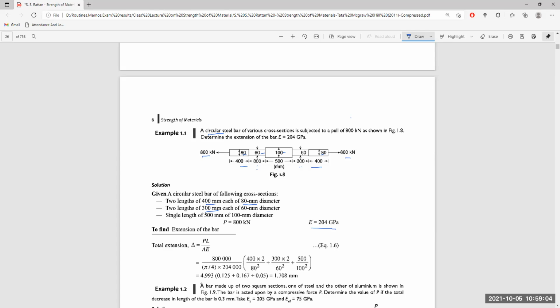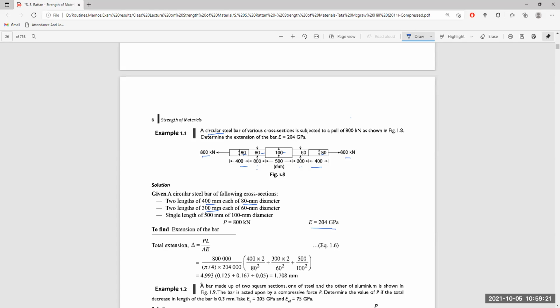This cross-section should be pi by 4 into 100 square. So pi by 4 is common, it is brought outside. That Young's modulus 204 GPa is reduced to 204 multiplied by 1000 MPa.